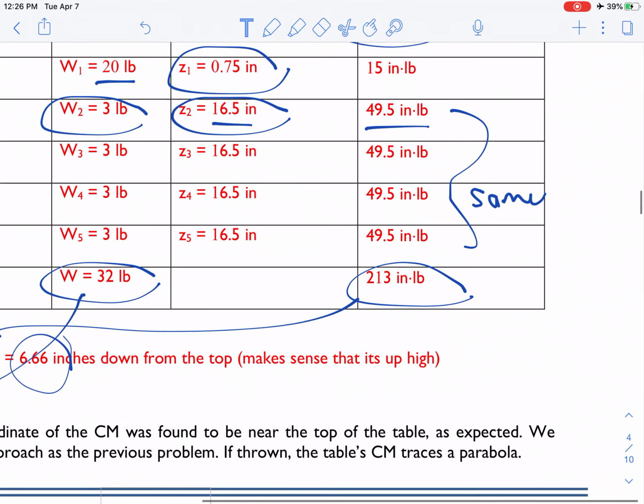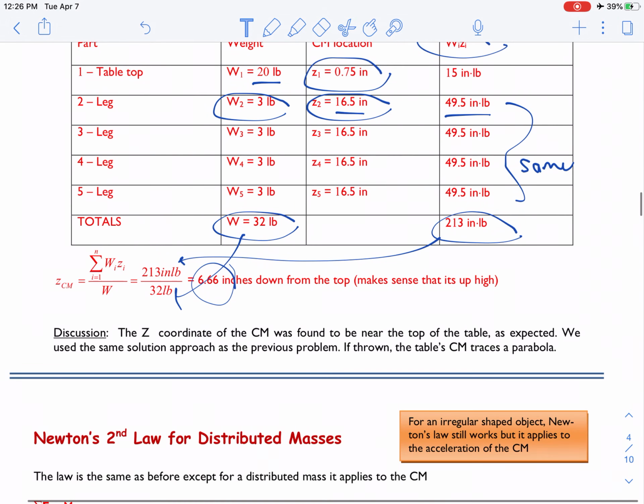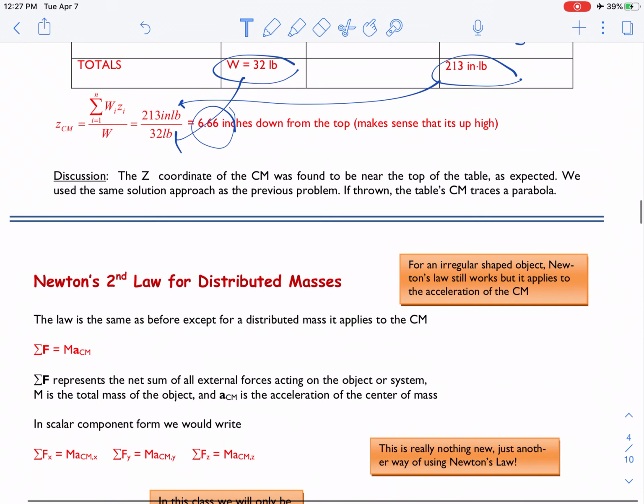And so the z-coordinate of the center of mass was found to be near the top of the table, as expected. And we use the same solution approach as the previous problem. And if thrown, the table's center of mass traces a parabola. But we probably won't throw the tables, right? We will find smaller objects to throw.